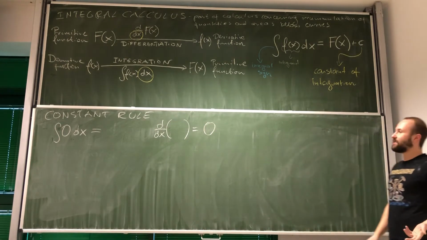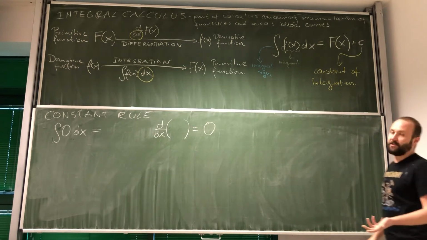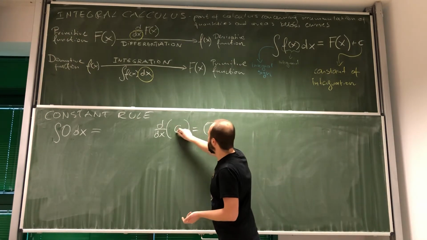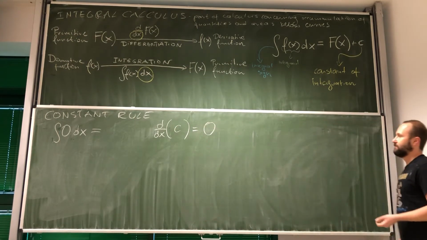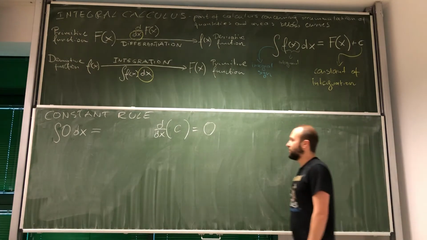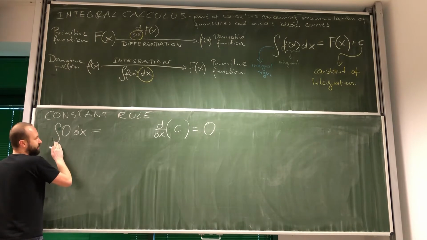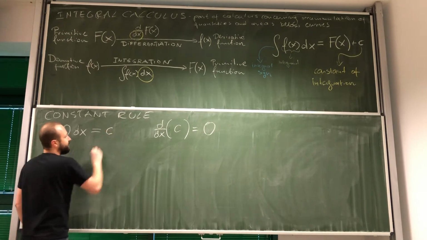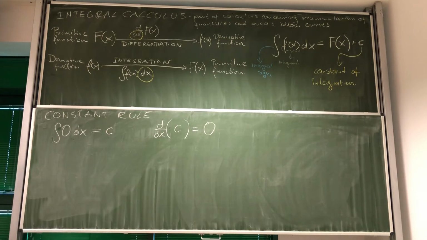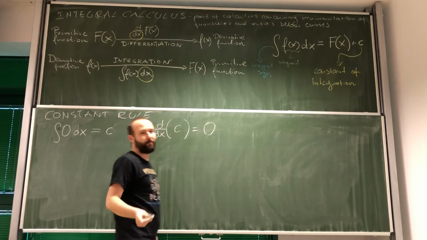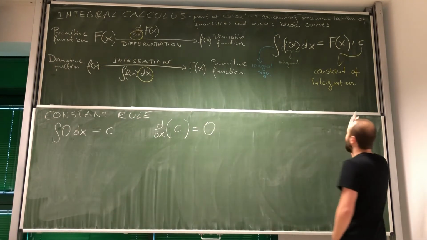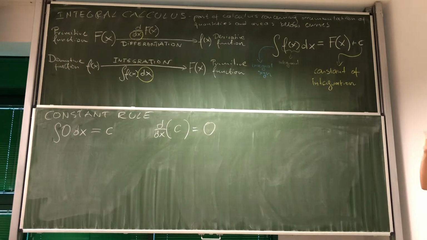And the answer is very simple. It is a constant, right? Any constant differentiated is equal to 0. So over here, we will have just c. And remember, this is arbitrary constant. It can be any number. Without any additional information, we cannot specify.